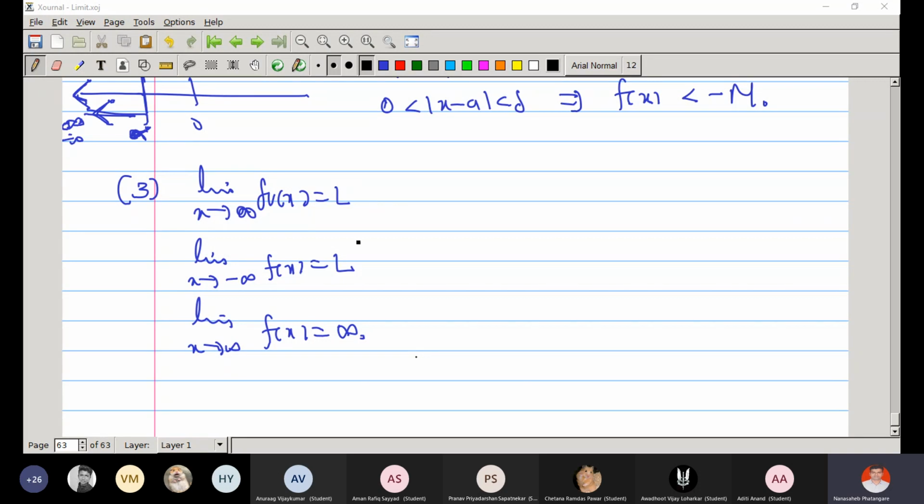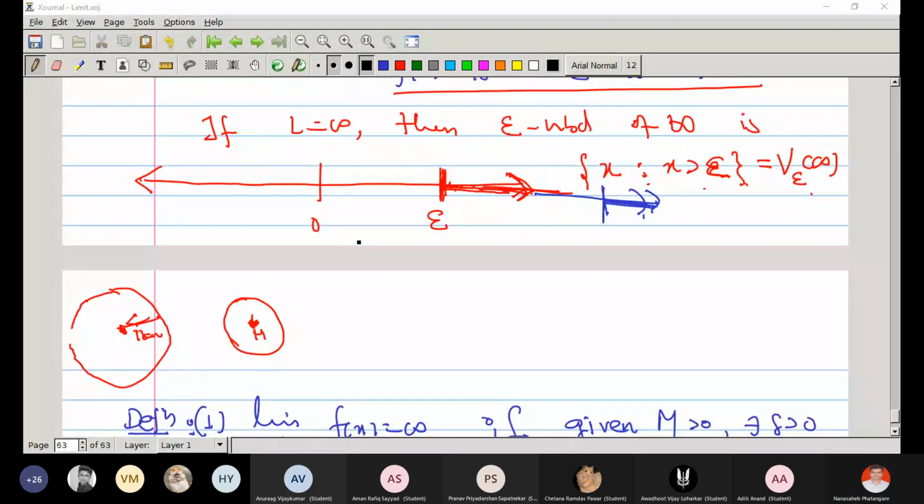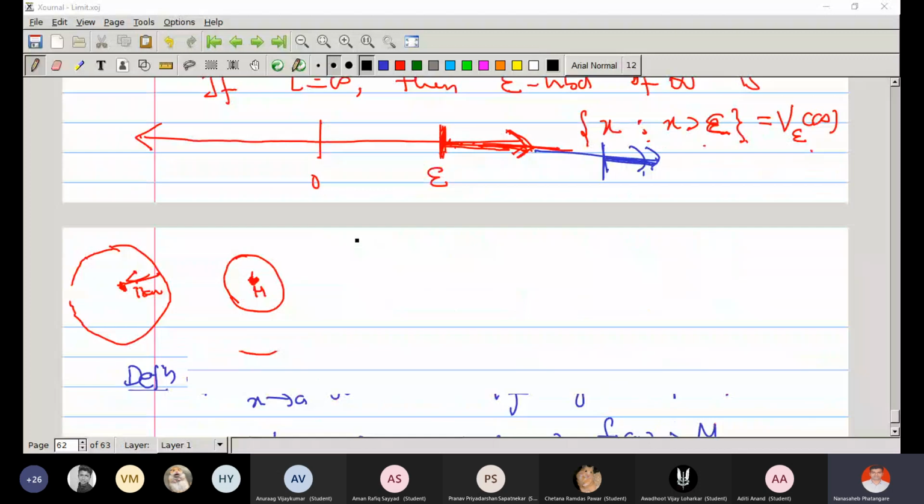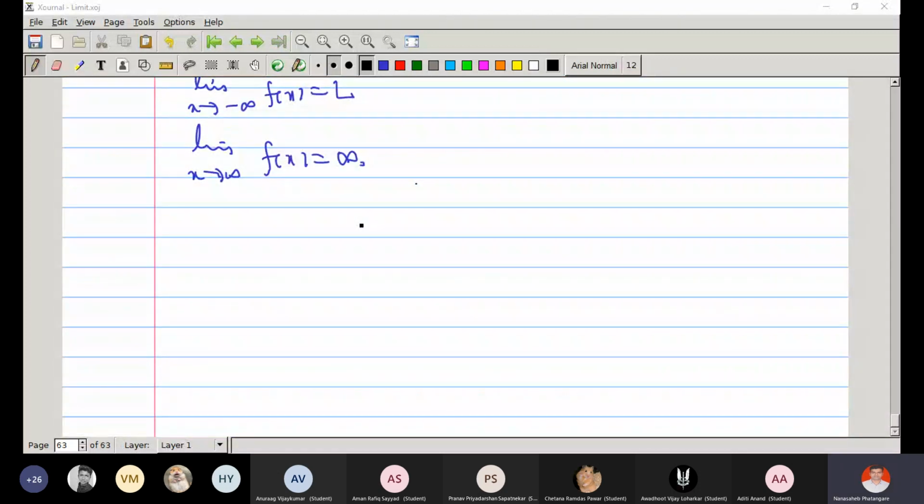Okay, so we were discussing the limit of a function when the limit is infinite.